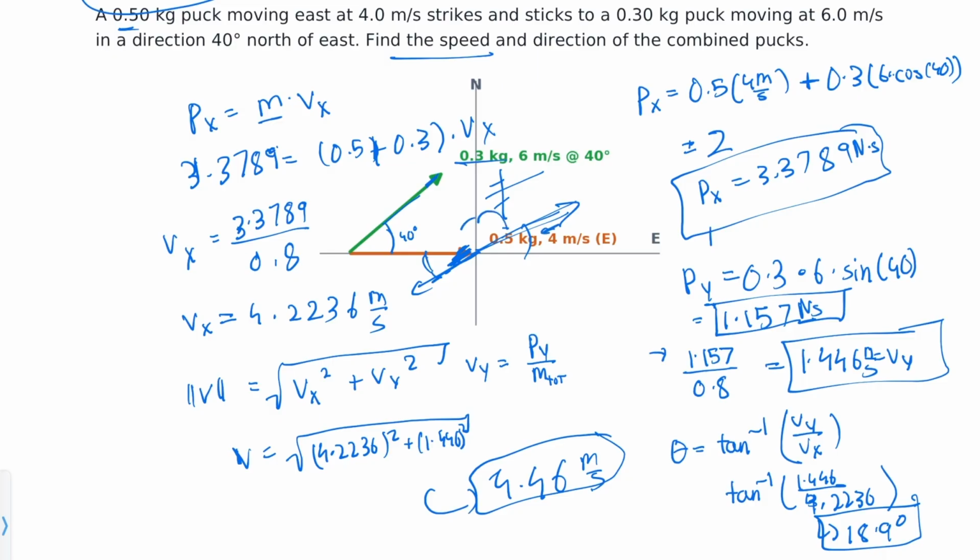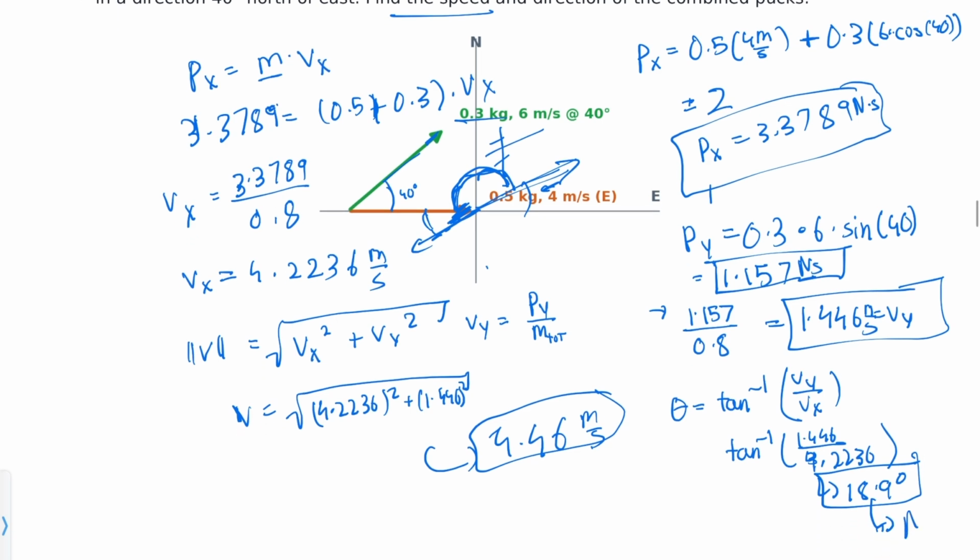So you have to add 180, because the arctangent domain is only from negative pi over 2 to pi over 2. I'll go over that a bit in my pre-calc video, so if that doesn't make sense, make sure to check those out. And I would denote this as north of east, because it's going northward from the eastward direction.